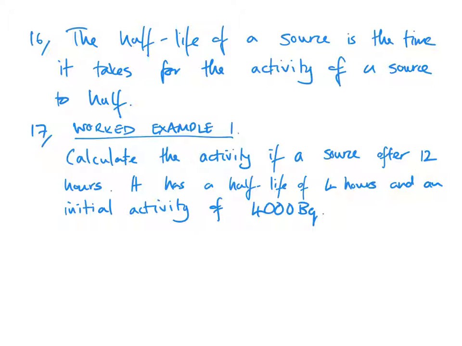So the first thing we do is work out the number of half-lives. And we do that by dividing the time that we're interested in by the half-life. So we work out that it's 3 half-lives.